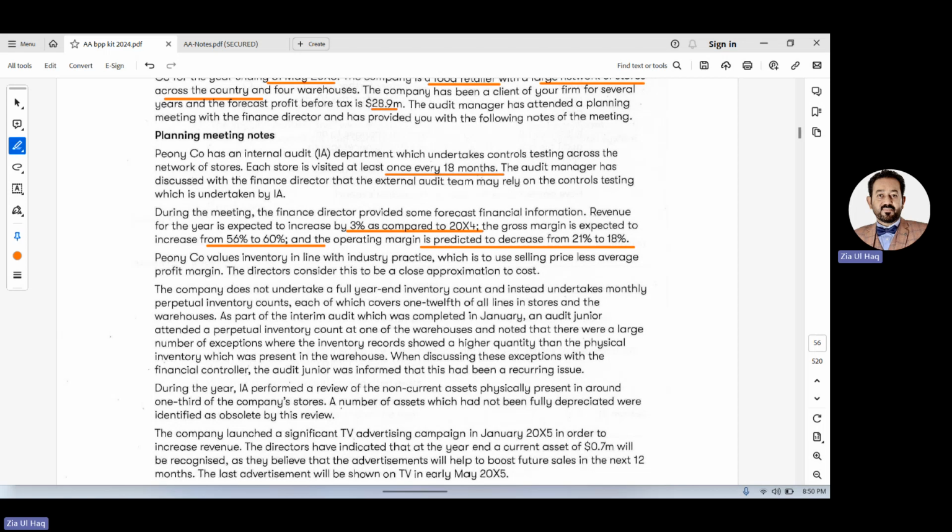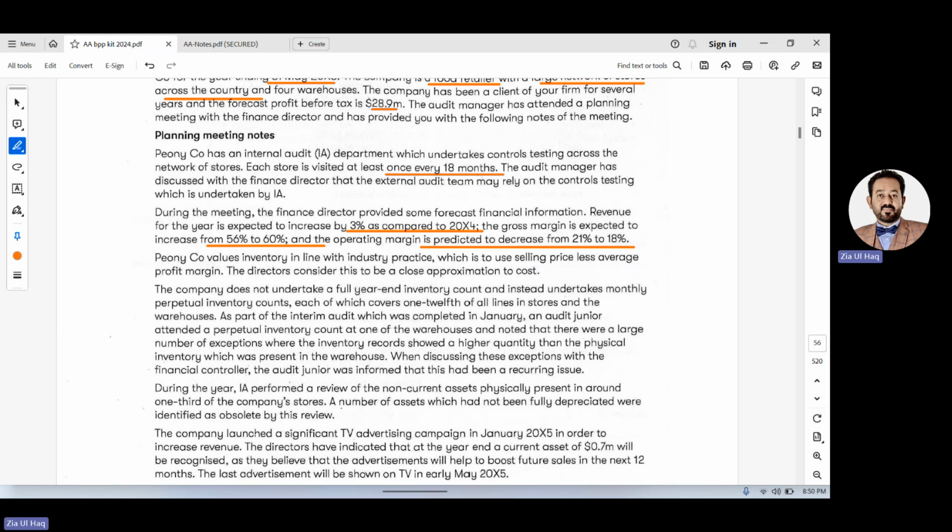I mean, he is going to predict sales should increase by 3%, GP margin by 4%, while operating margin should reduce by 3%. So these forecasts are not in line with each other. Operating profit will reduce while GP margin will increase. So there could be chances of misclassification of direct expenses to operating expenses.